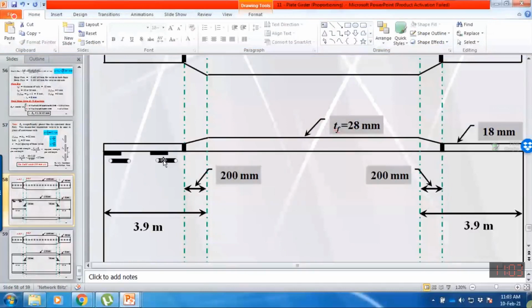So these are the intermittent welds which are provided at the junction of top flange to the bottom flange, and we keep the center to center distance as 250 mm.